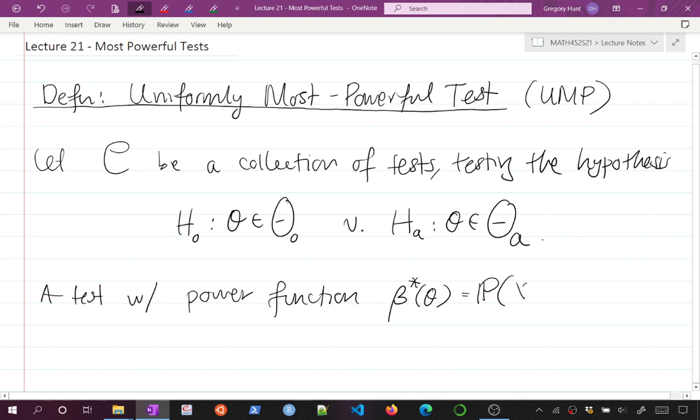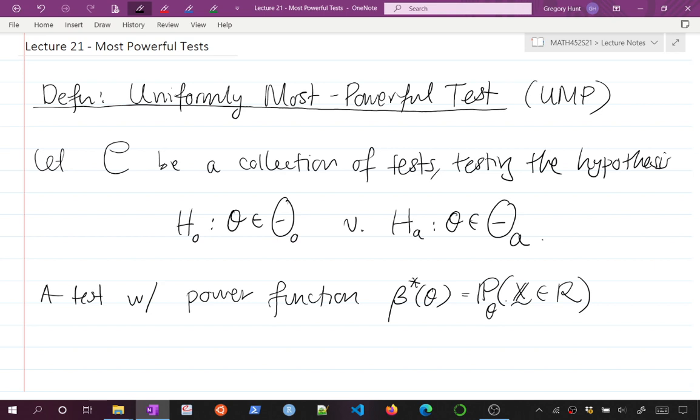It's the probability that we reject for the particular value of theta. So it's typically viewed as a function of theta, right? And we want to reject, obviously, when the alternative is true, and we don't want to reject when the alternative is false, or the null is true. If we reject when the null is true, that's called a type 1 error. If we reject when the alternative is true, that's called a correct decision.